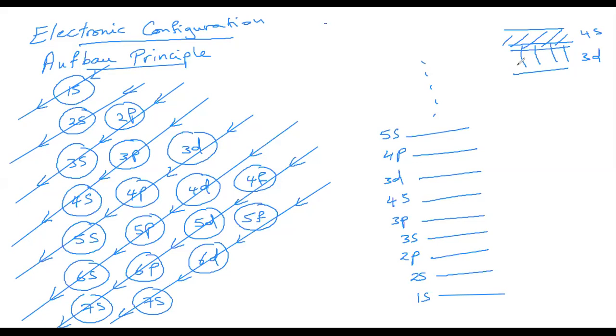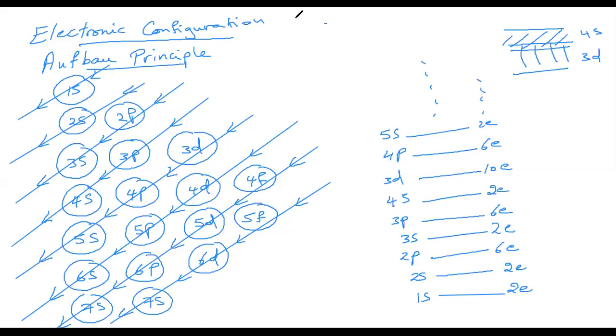Now, as we said, the 1s is always filled by 2 electrons. The 2s is filled by 2 electrons. The 2p is filled by 6 electrons. Then 2 electrons, 6 electrons, 2 electrons, 10 electrons. This is the maximum number of electrons that can be filled.